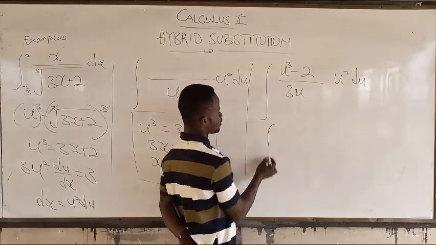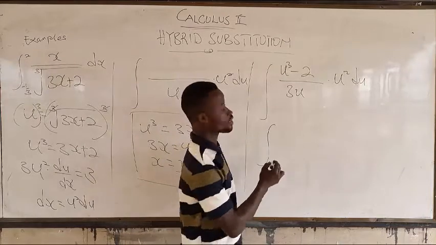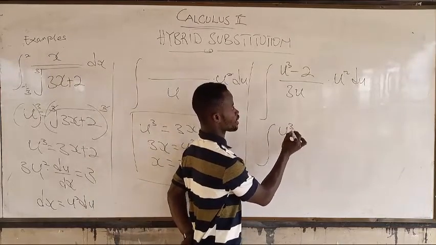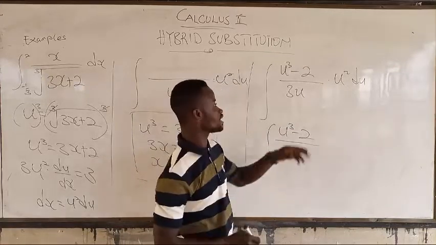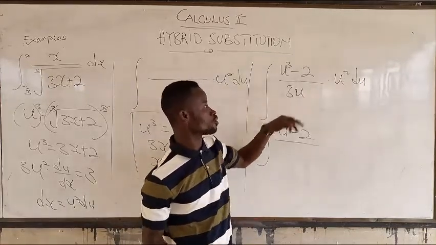Then here we get the integral of (u to the power 3 minus 2) over 3, not forgetting that here is u squared and here is u.